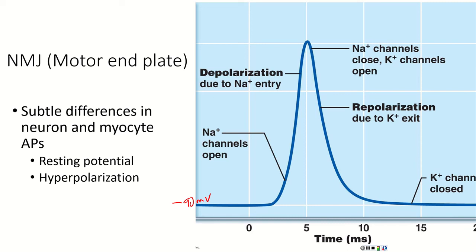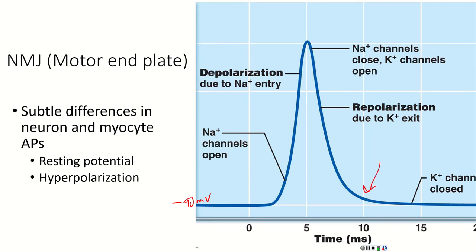Remember, in neurons, it was negative 70 millivolts. Remember, we had said that every cell in our body is negative on the inside compared to the outside at rest, and different cell types have different voltages? Well, now we're seeing that neurons are negative 70. Myocytes, negative 90.